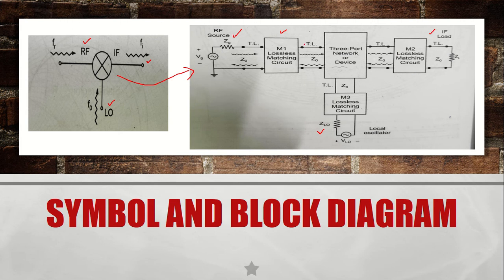This ensures that from here to here there is perfect transmission of signal. So this is the mixer. This mixes the two signals, and again, to reach the required application, which is the load, we use a matching network here once again to ensure efficient transfer of signal.